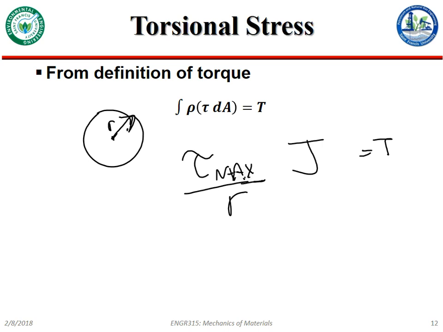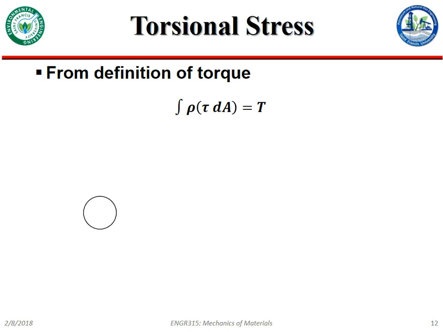Make sure I'm saying the right thing. Yep. So we can come up with expressions like this to relate torque and shear stress together, which is cool. Gets us one step closer to a design in application.